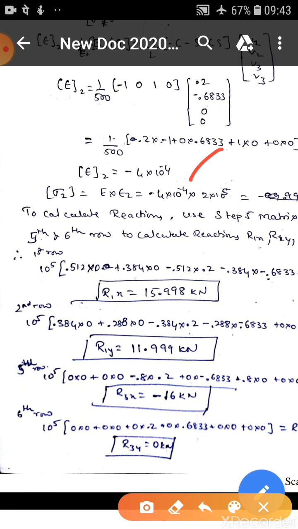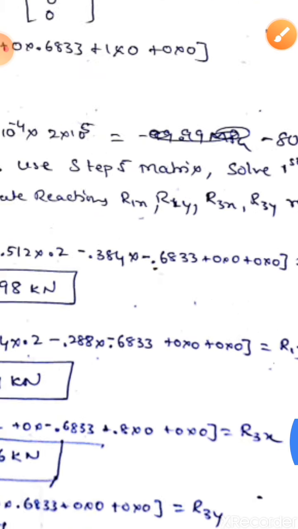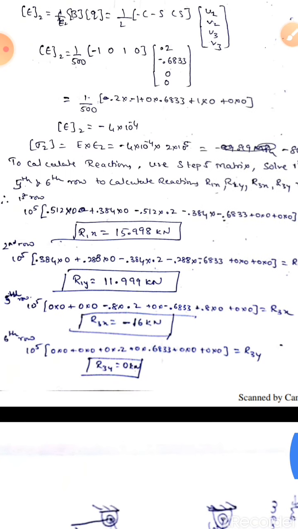Strain for the second element is minus 4 into 10 raised to minus 4. After calculating the strain, stress in that element is E into strain. Young's modulus is 2 into 10 raised to 5 into minus 4 into 10 raised to minus 4. You get somewhere around minus 80 MPa stress in element 2.